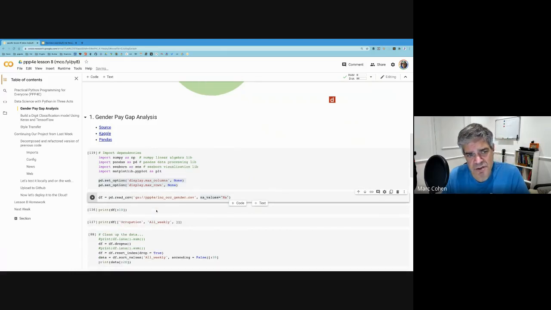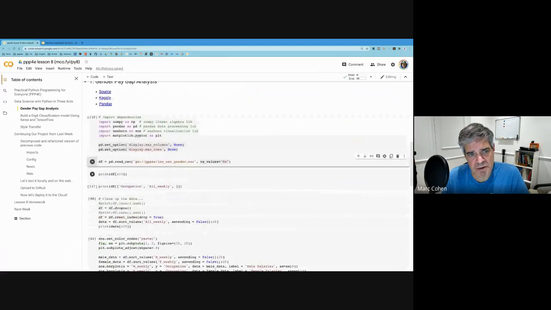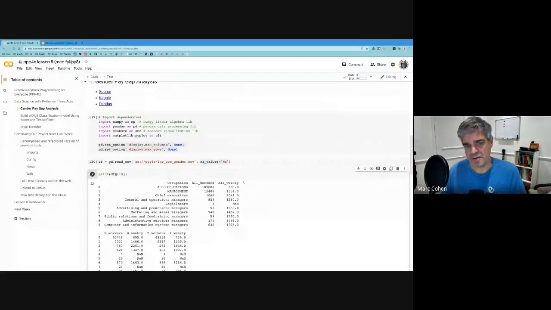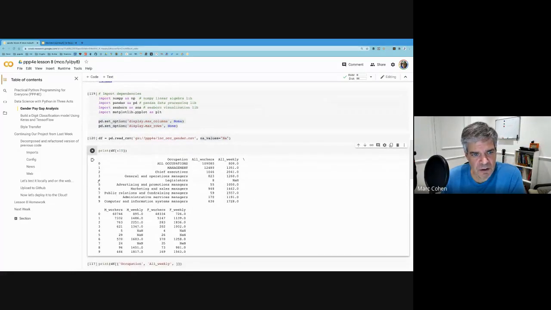Let's look at the first 10 rows. So we can just print df[:10]. The nothing before the colon, as you probably remember, means start at the beginning, so it's essentially 0:10. And we see the first 10 rows numbered from 0 through 9. And we see the fields in this data frame. We have occupation, which is all these different types of jobs.